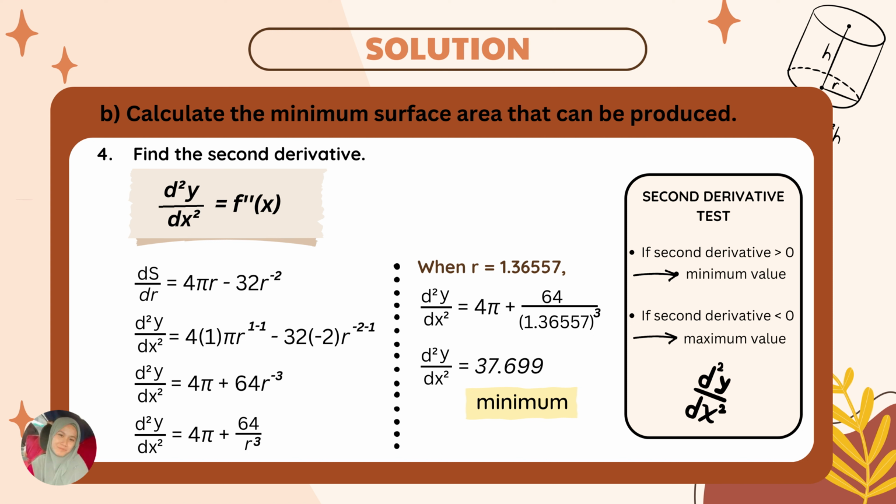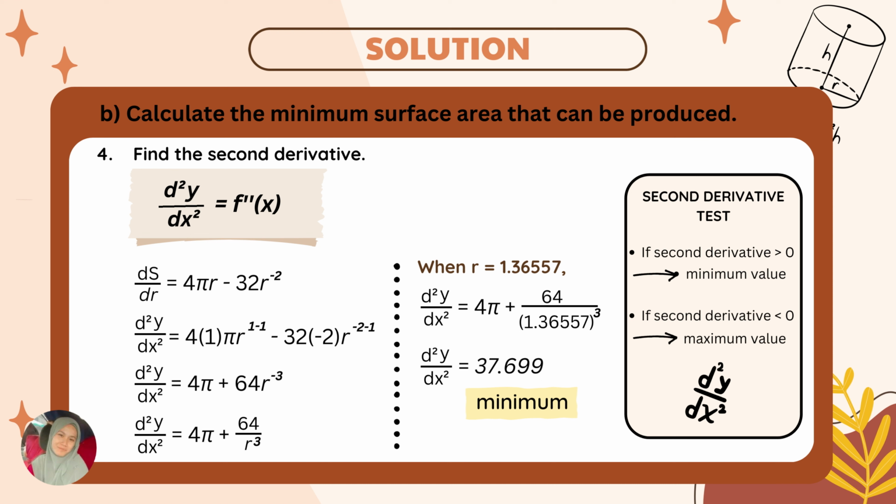Then we substitute r equal to 1.36557, and we get the second derivative equal to 37.699, which is a positive value.